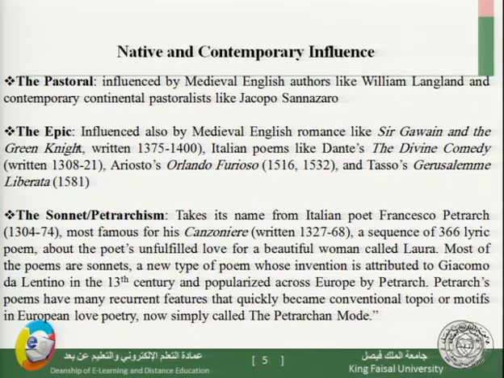contemporary and continental influences. As far as the sonnet is concerned, there was the huge influence of Petrarch, which was just known as Petrarchism, and Petrarch was an Italian humanist, of course. The sonnet takes its name from the Italian poet Francesco Petrarca, who was born in 1304 and died in 1374.